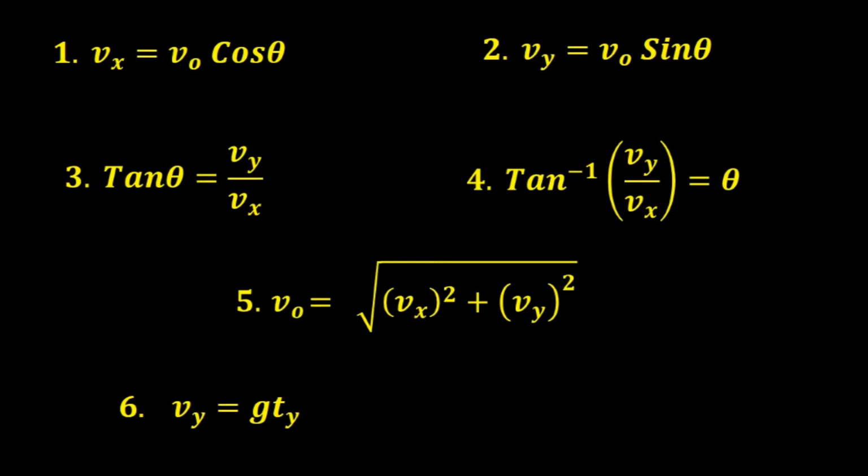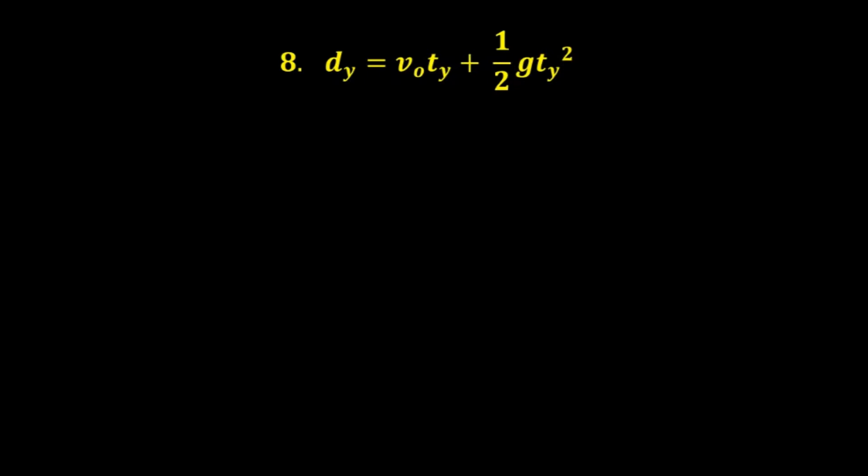As spoken before, if V naught is 0 from rest, Vy equals g ty. Rearranging that equation, ty equals Vy over g. Next, we know that dy equals V naught ty plus 1/2 g ty squared.